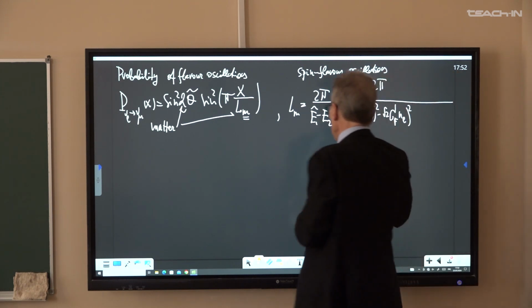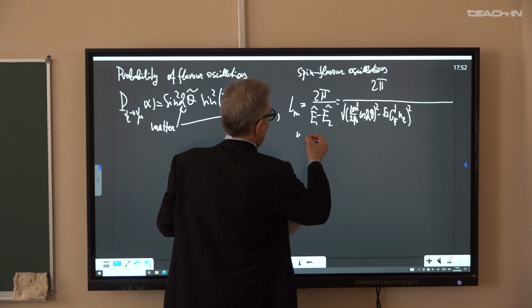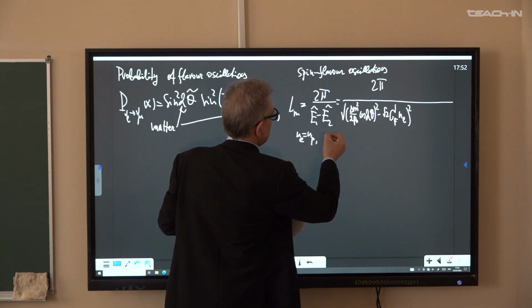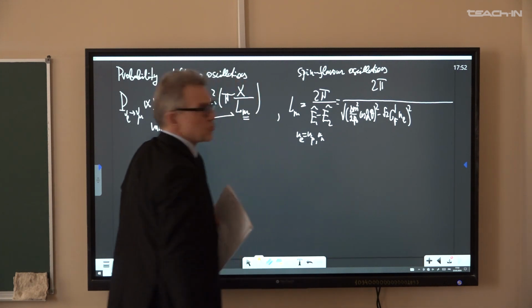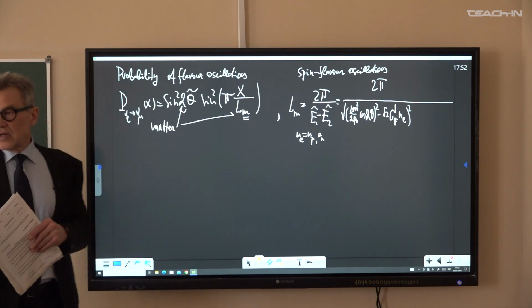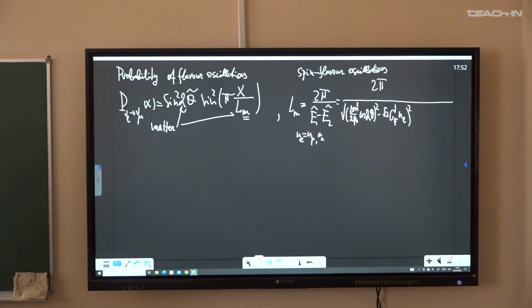So we here suppose that matter is composed of electrons and neutrons with equal numbers per cubic centimeter, and we consider two neutrino flavor states, electron and muon.